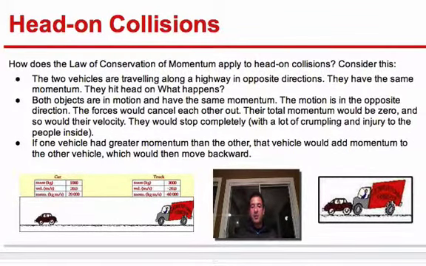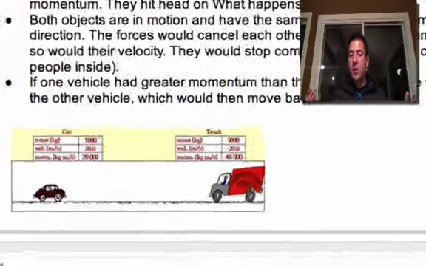So they would stop completely, and what you would see in this vehicle crash would be a lot of crumpling, and you'd probably have a lot of injuries, because there's still movement inside the vehicle. But think about this: if one vehicle had greater momentum than the other, maybe because it was traveling faster, it's harder to stop.